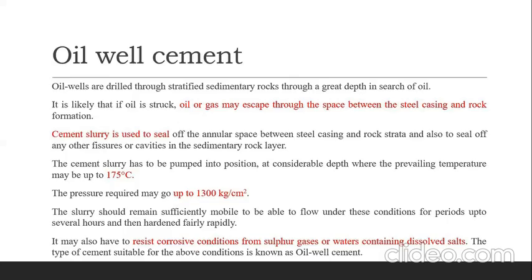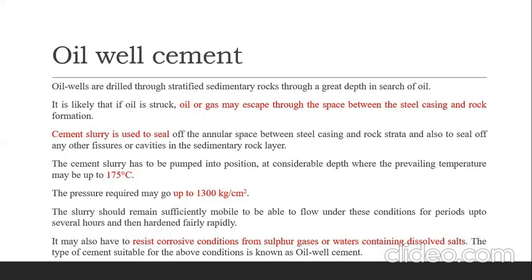To prevent that, people use this type of oil well cement to seal the gaps present between two casing pipes. This oil well cement has the ability to work even at a temperature of 175 degrees Celsius, and up to a pressure of 1300 kg per square centimeter.